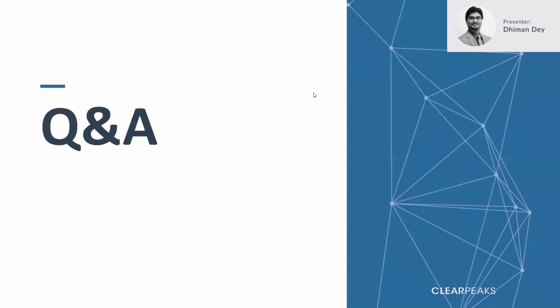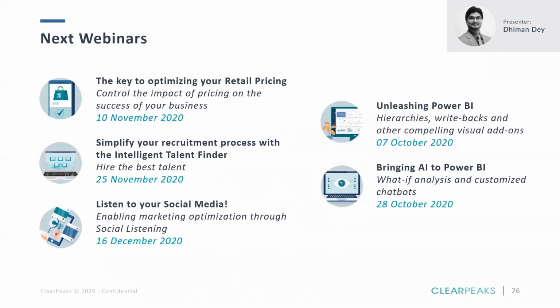Okay, we have multiple webinars coming up in the series. One is about how you can optimize pricing in the retail industry. Another is how you would improve the recruitment process using something we have in-house called Intelligent Talent Finder. And we have one very cool webinar regarding how you enable your organization to listen to different social media and take necessary insights out of it.